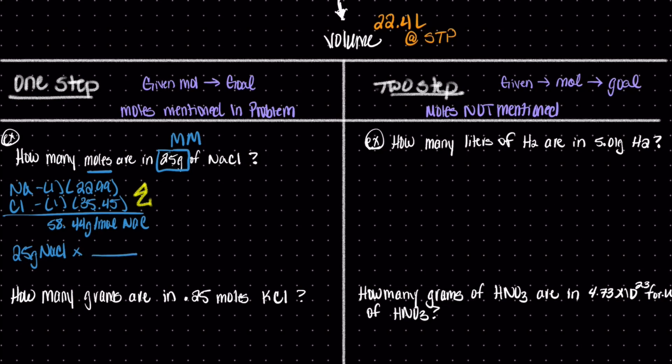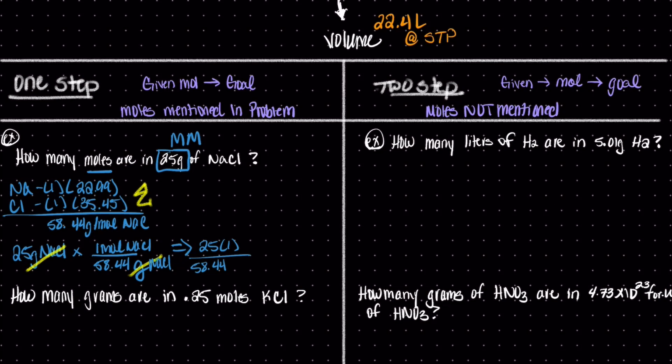Now I know I've got to get to moles, and I just found out that for every mole of NaCl, I have 58.44 grams per mole. Now I see that my grams cancel. Grams of NaCl and grams of NaCl will cancel, leaving me in moles. So multiply across, 25 times 1, and multiply the bottom, times that imaginary 1, 58.44.